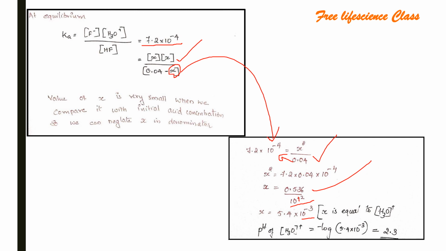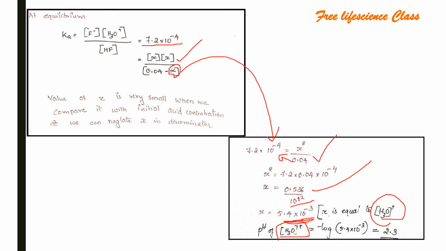Okay, so this value is X, and this value is equal to the hydronium ion concentration. So we have to calculate the pH from the hydronium ion concentration. Okay. So if you calculate the pH, take the negative log of 5.4 into 10 raised to minus 3.